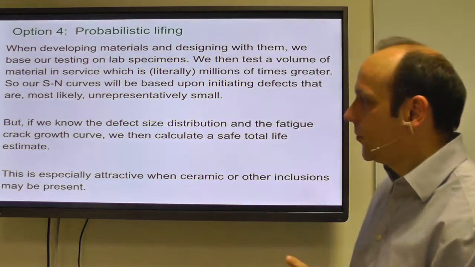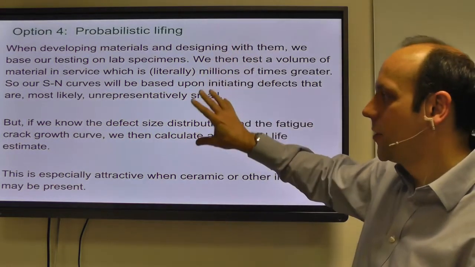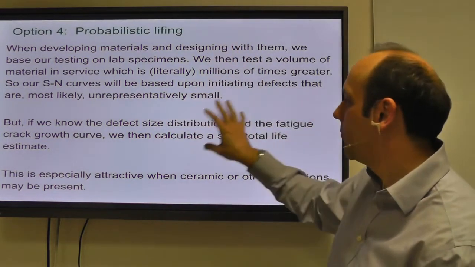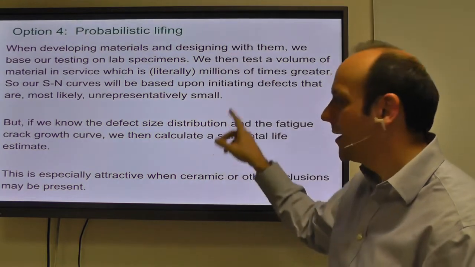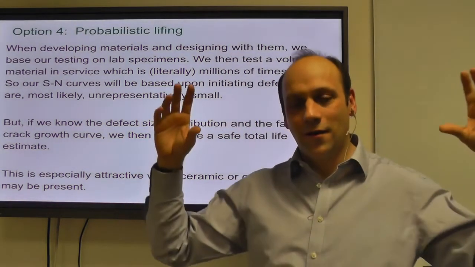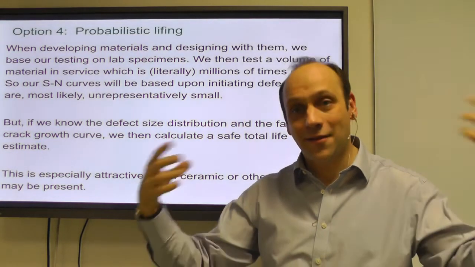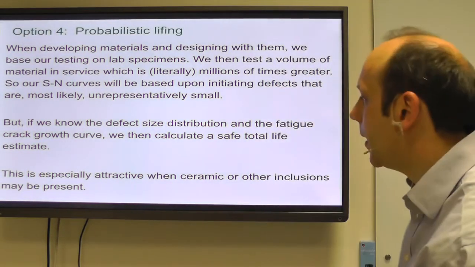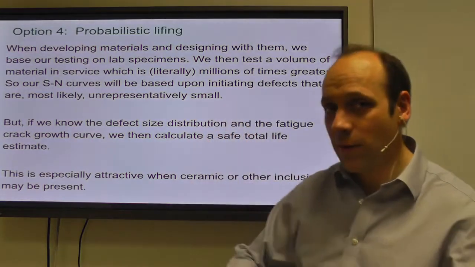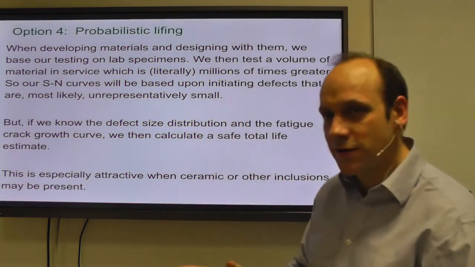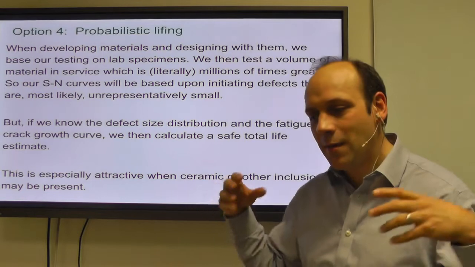So what we would have to do to correct for that is we'd have to know the defect size distribution and the fatigue crack growth curve, and then we could calculate a safe life based upon the real probability distribution of there being a defect in a large disc and the fatigue crack growth behavior. And that's going to be a very attractive approach when ceramic inclusions, for instance, or gas porosity may be present.